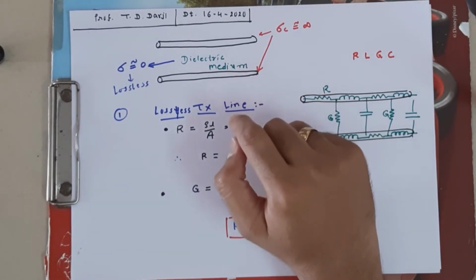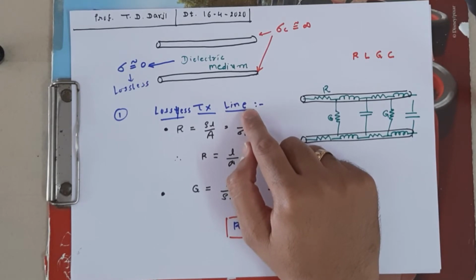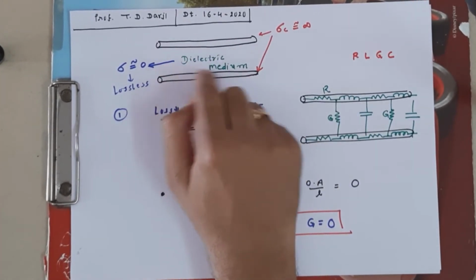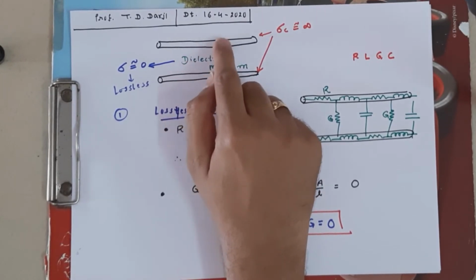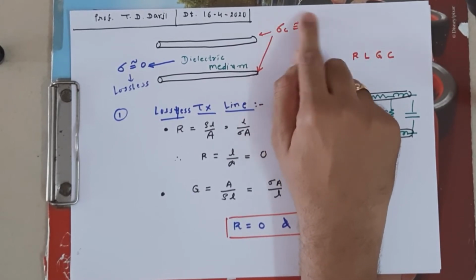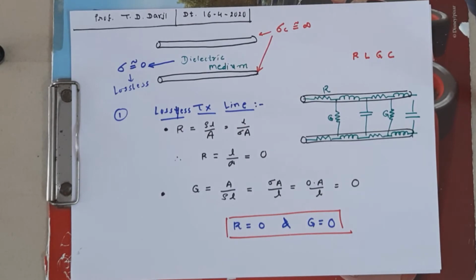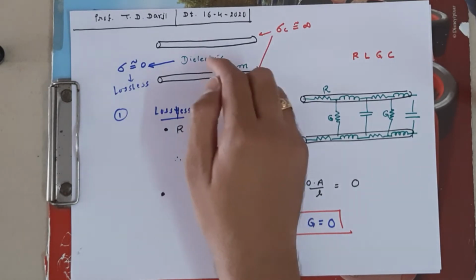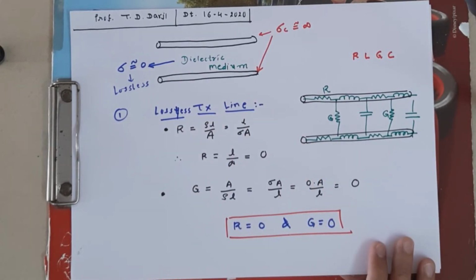So whether your transmission line is lossy or lossless depends on the conductivity of the dielectric medium, the medium present between these two conductors. It does not depend on the conductivity of the conductor, because by default the conductivity of the conductor is very high. So if you change the dielectric material, the property of the transmission line changes.